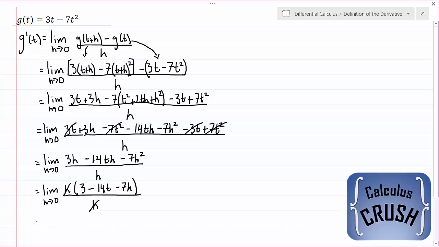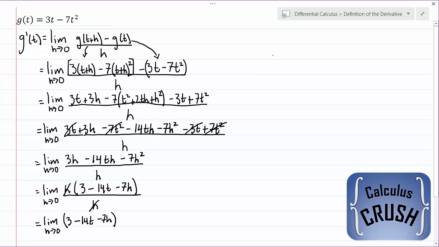So we've canceled out those h's, so now what we have left over is limit as h goes to 0, 3 minus 14t minus 7h. So I'm going to go up here now to finish this off. So we actually take the limit, and that means everywhere we see an h here, we make it 0.